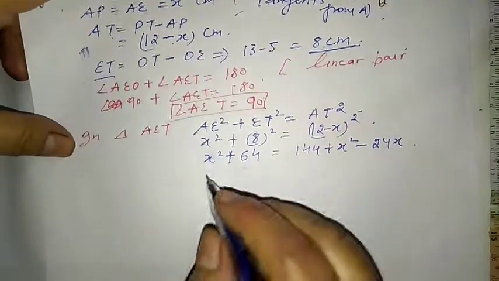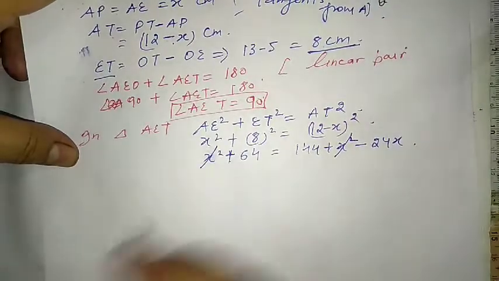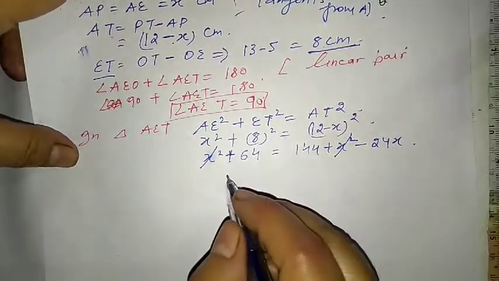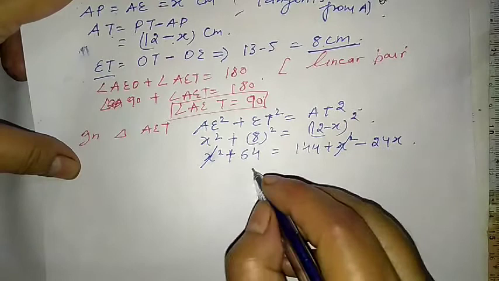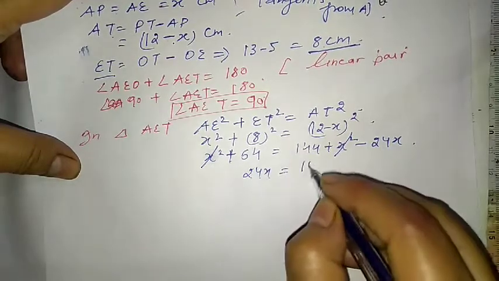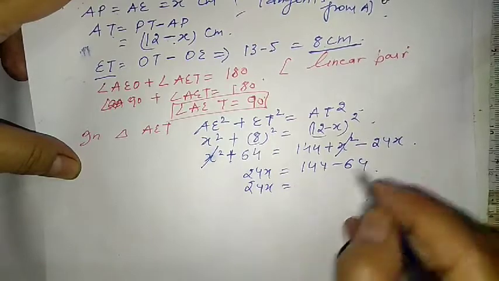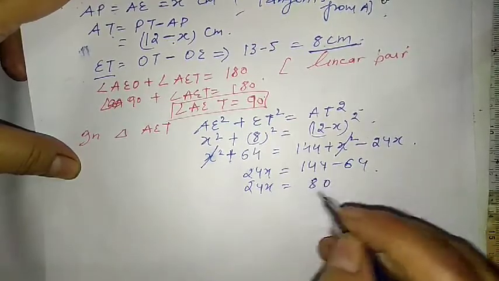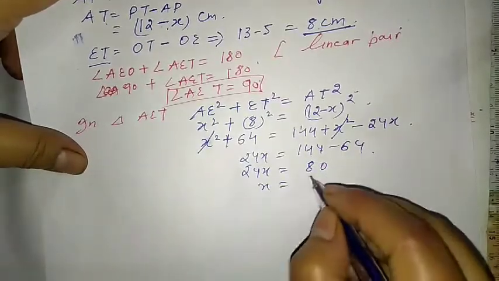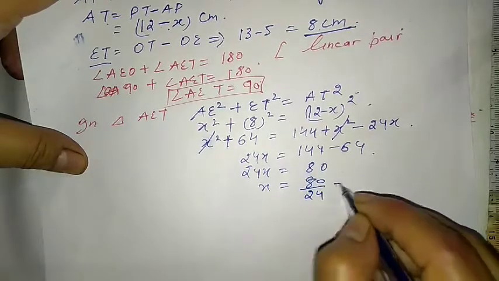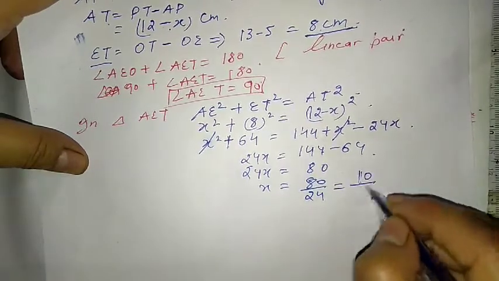Okay, so this x square can be cancelled out. This 24x transpose this side, 64 that side. 24x is 144 minus 64, that is 80, and x is equal to 80 by 24, that is 10 by 3.